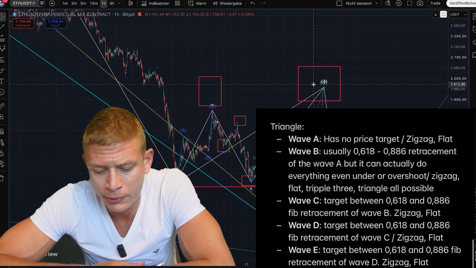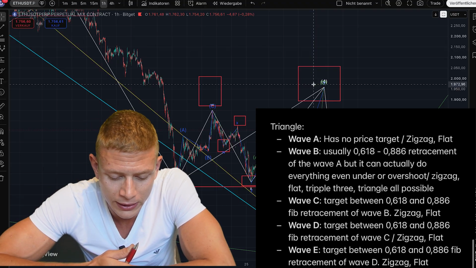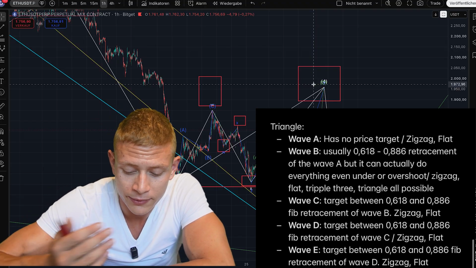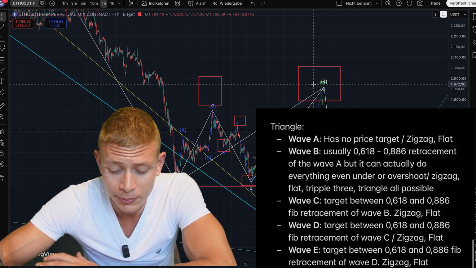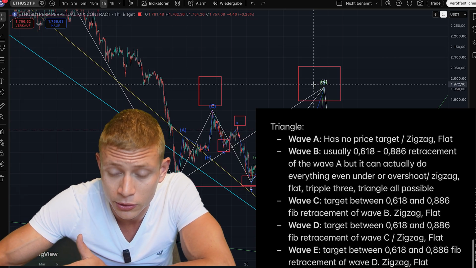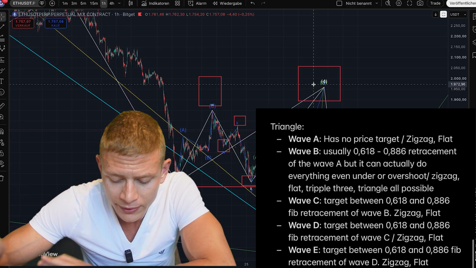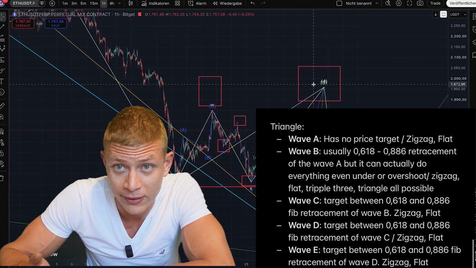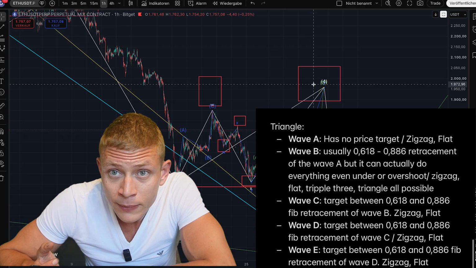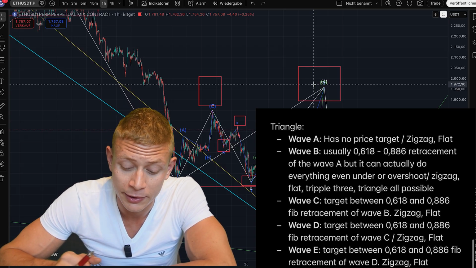The A wave has no price target as always. It can be a zigzag or flat. The B wave usually goes 61.8 to 88.6 retracement of the A wave, but it can actually do everything, even under or overshoot. All the other waves also have targets between 61.8 and 88.6%, but they cannot over or undershoot. The B wave can.